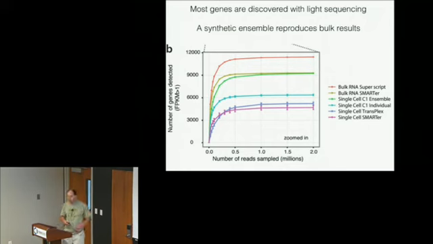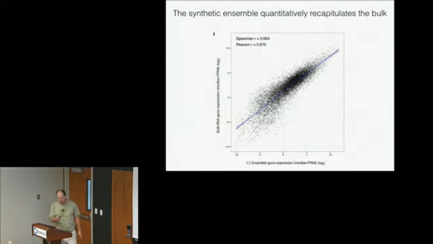You can ask the same question in terms of expression levels, and you see something like that here. And so the synthetic ensemble recapitulates the bulk. So you can say it's sufficient to do a bunch of single cell experiments, and I'm getting the same answer I would if I was doing the bulk, plus all that extra information that comes from knowing which genes were expressed in which cells.